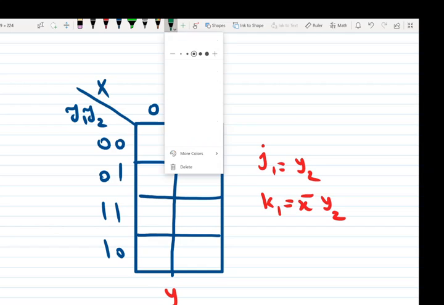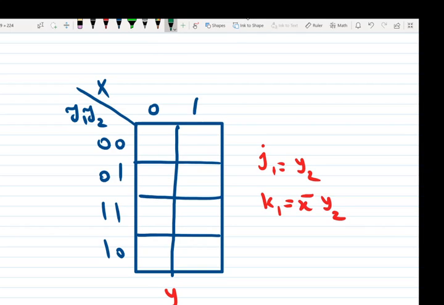So let's just change the color of y1 here. j1 is equal to y2. y2 here is 0. What is k1? k1 is y2 x bar, which also is equal to 0.